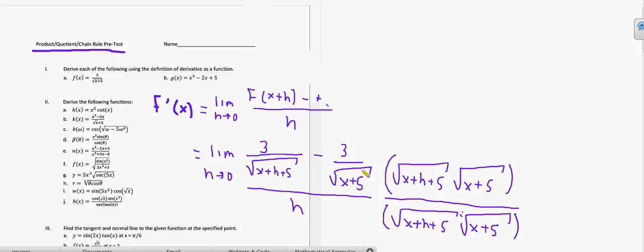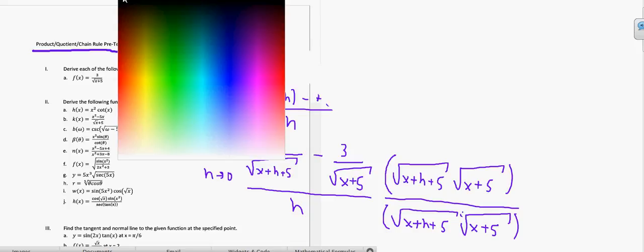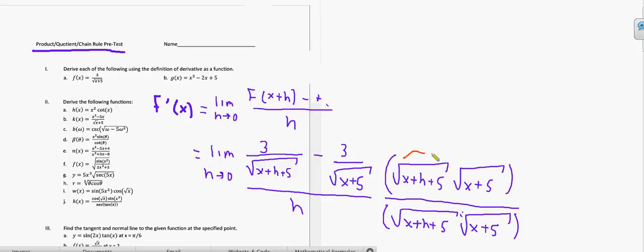Okay, so we're going to multiply all this in here. Now, when this happens, you've got to remember, let's go to red, both of these are going to distribute to this fraction and then to this fraction. So what we're really going to get here is the limit as h goes to 0 of, when we multiply both these in here, the square root of x plus h plus 5 is going to cancel in the first fraction.